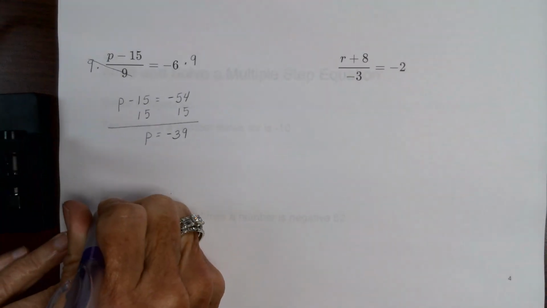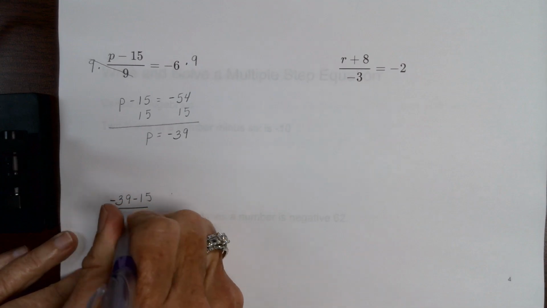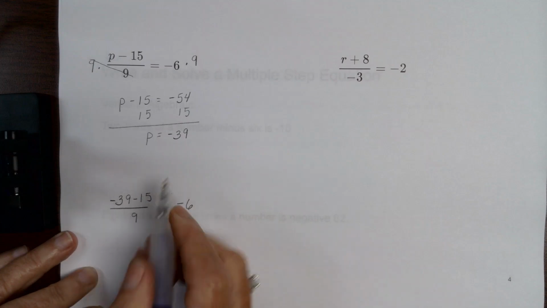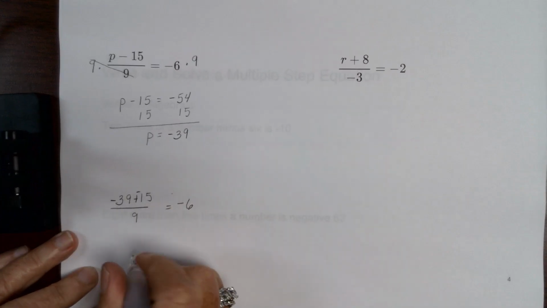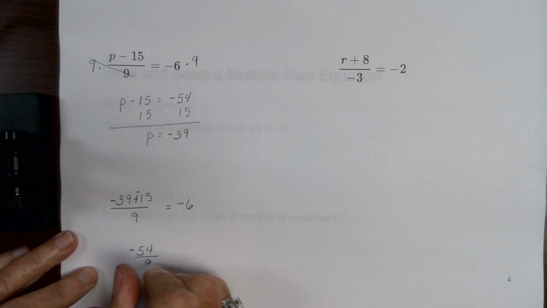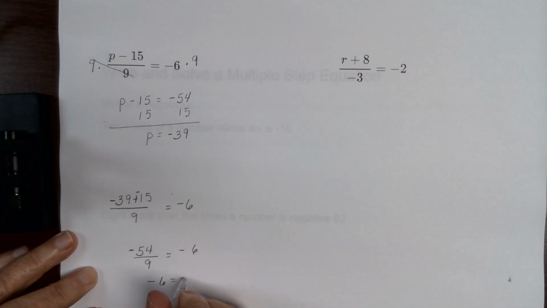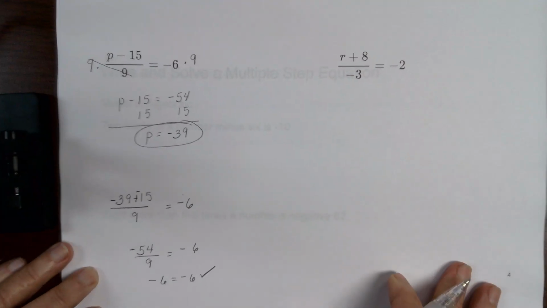Okay, if I plug it back in, I have negative 39 minus 15 over 9 equals negative 6. I'm going to add the opposite of my second number, so that's going to give me negative 54 divided by 9 equals negative 6. That's negative 6, so I find out this is my correct answer.